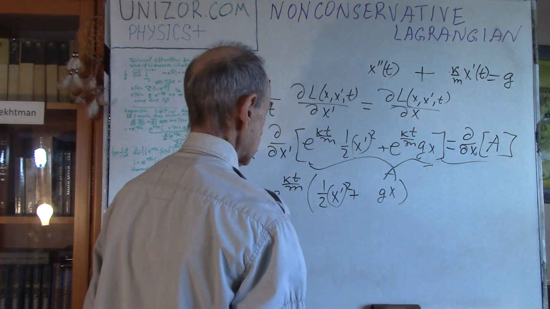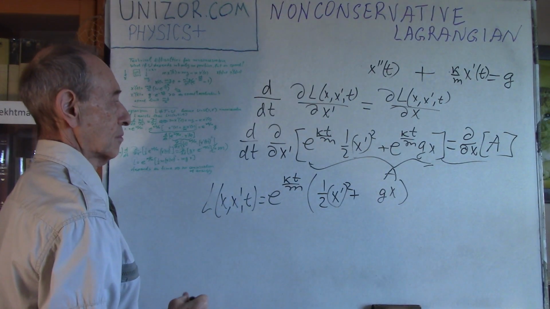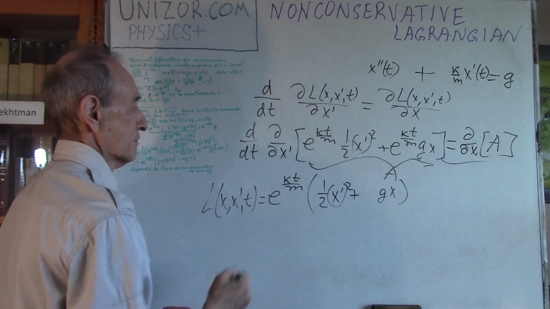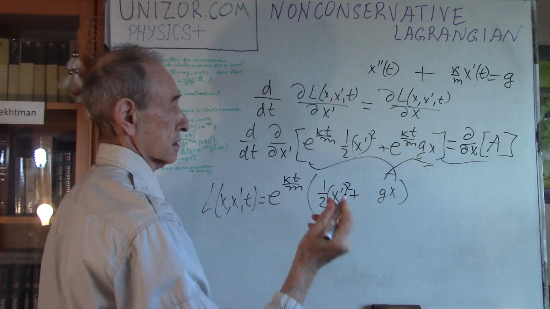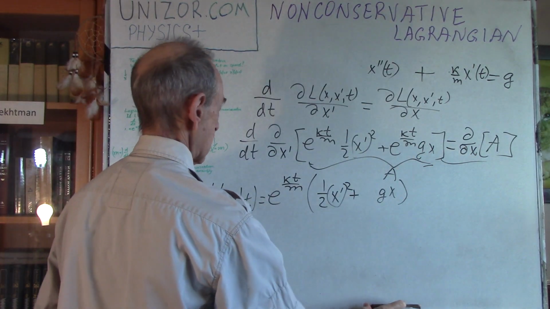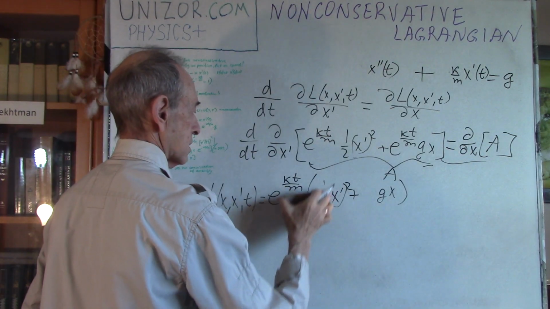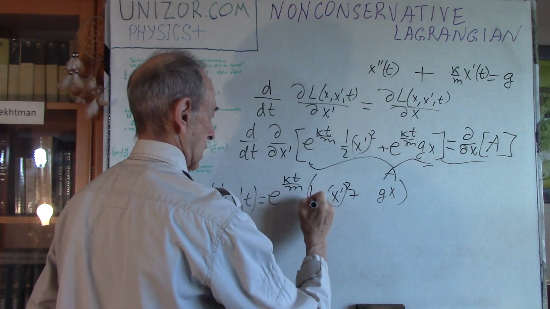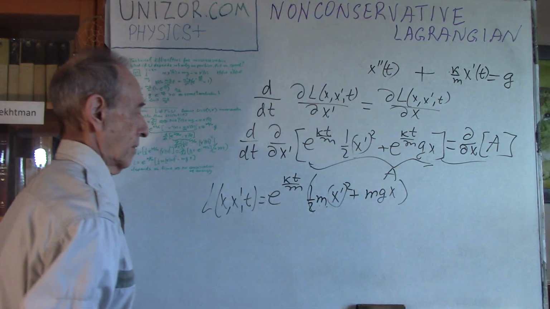All right, so this is my function, but I would like to be a little bit more physical, so to speak. Now, if I multiply this function by a constant on both sides, it will be the same thing. So instead of this, I will put 1/2 m and m here.